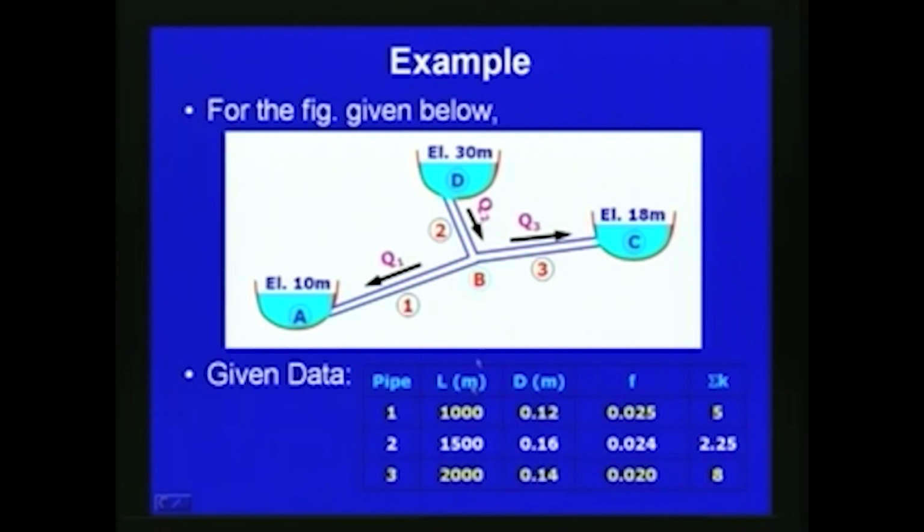Similarly for pipe 2, the length between D and B is 1500 meter, the diameter is 0.16 meter, the friction factor f is 0.024, and sigma k is 2.25. For pipe 3, between B and C, the length is 2000 meter, the diameter is 14 centimeter or 0.14 meter, the friction factor is 0.02, and sigma k, the minor loss coefficient, is 8.